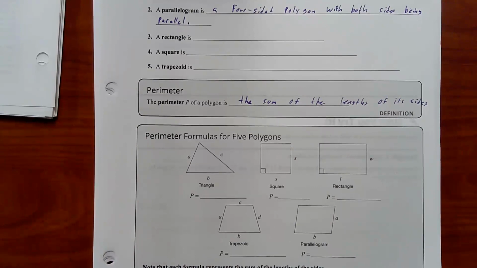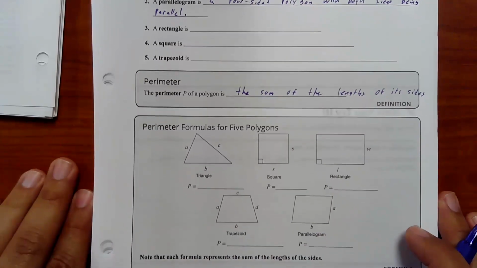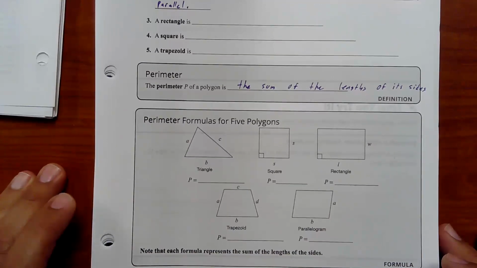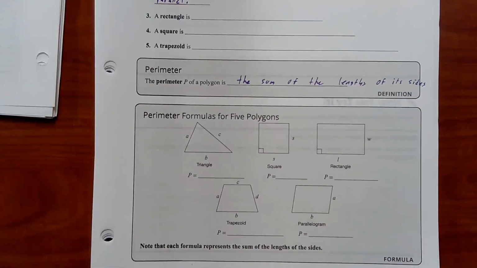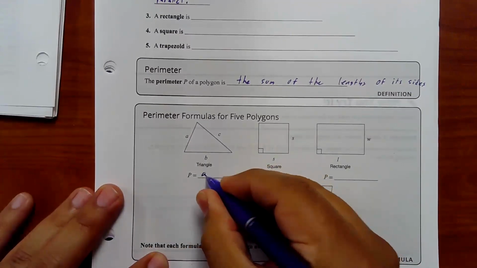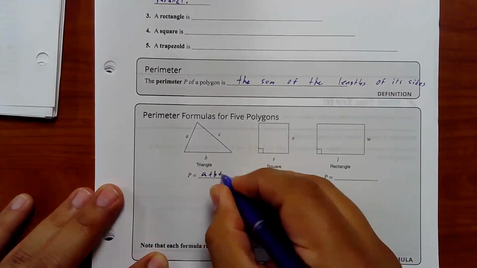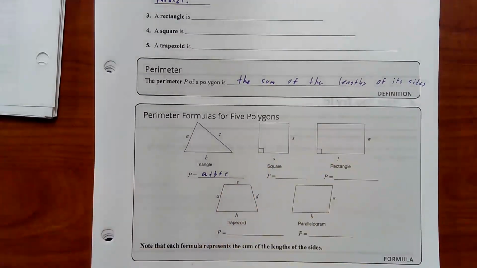All right, so here are the formulas. Knowing that, you should be able to create the formulas yourself, right? I mean, I'm going to give them to you anyway. So the perimeter of a triangle, you just add A plus B plus C. That is your formula, because that's the definition, right?